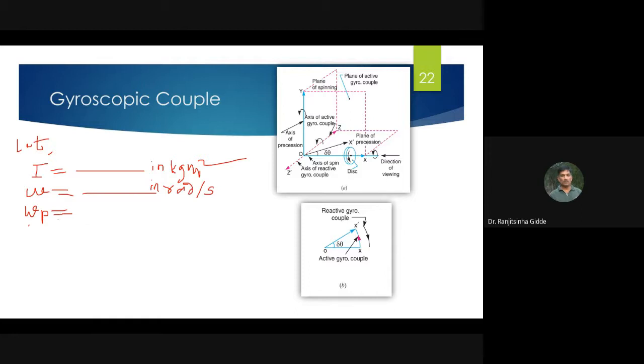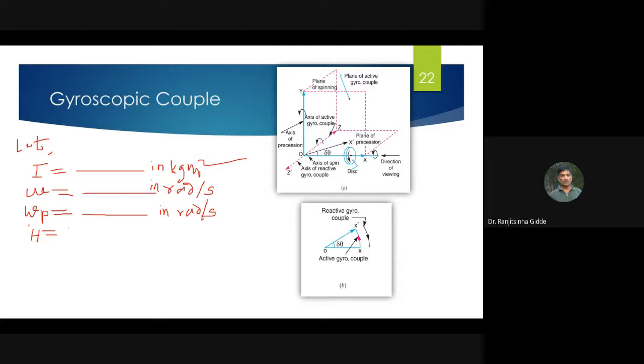Omega p, you can write angular velocity of precession in radian per second.